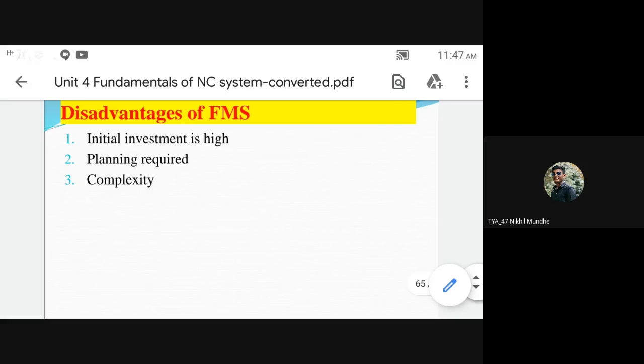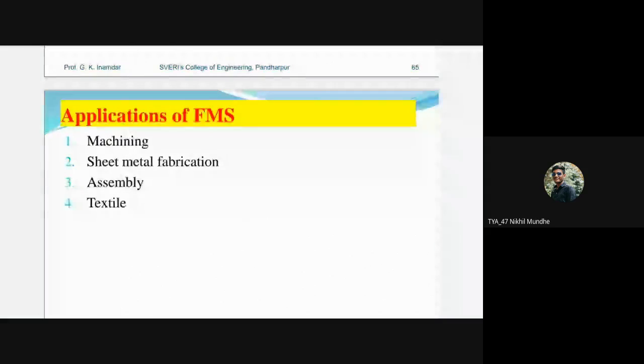Applications: machining, sheet metal fabrication, assembly, and textile. These are the applications of the flexible manufacturing system. Machining, sheet metal fabrication, assemblies, and the textile industry. Suppose you have visited the FabTech industry in Sangola, a very great example of FMS.